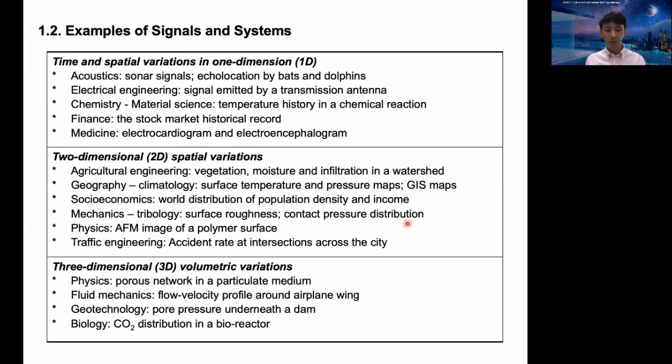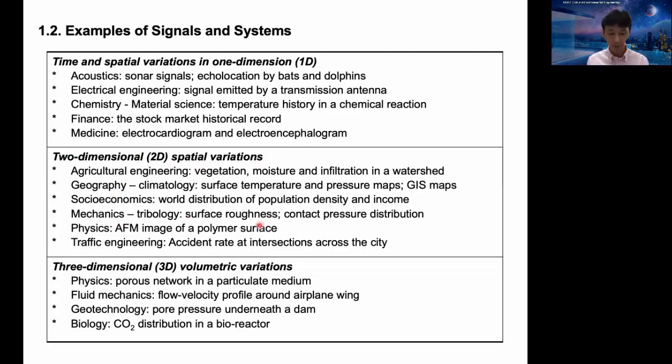Some examples of signals and systems: time and spatial variation in one dimension. It could be acoustic or electrical signals, like a signal emitted by a transmission antenna, chemistry, finance, medicine. There are all kinds of signals that we can think of. Geography is a two-dimensional spatial variation.